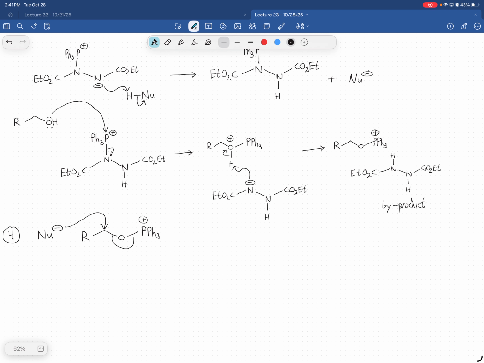This bond actually goes to form a double bond, so you can neutralize your leaving group here. So we get an SN2 product, like we saw before. Okay, so here's the SN2 product. And then the byproduct here that is a solid is called a phosphine oxide. So Ph3P=O is called triphenylphosphine oxide.